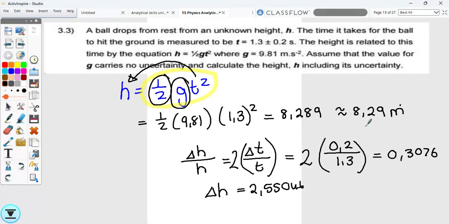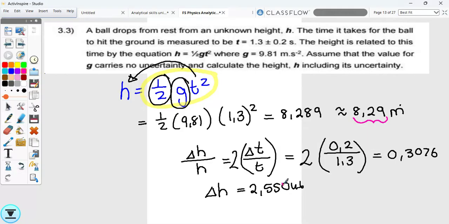But now we need to decide. In our value here with our three significant figures, we ended up having 2 decimal places. So that means our uncertainty must also have the same number of decimal places as our value there.